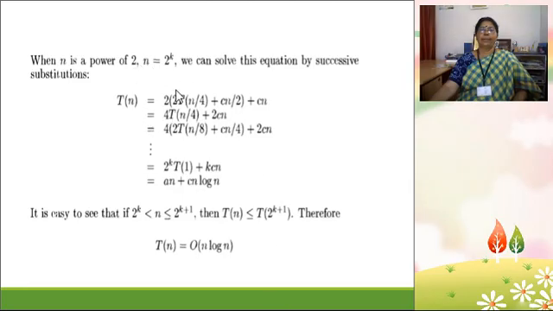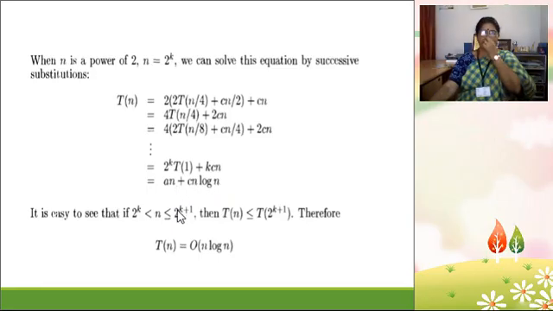So when you apply the substitution method, T of n will be equal to 2 into T of n by 2. If you further expand T of n by 2, it is replaced by 2T of n by 4 plus Cn divided by 2, plus Cn. So when you substitute successively, finally you arrive at An plus Cn log n.